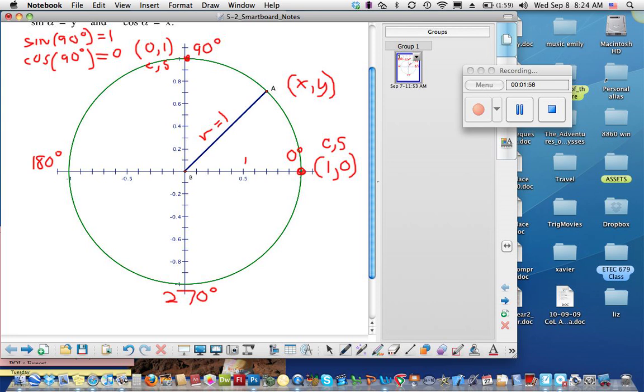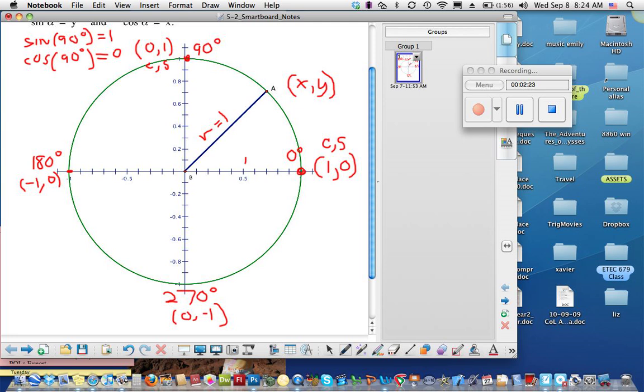Let's go to this point here, 180 degrees. So then we're looking at this point right here. And this point is negative 1, right? We always do x first, negative 1, and the y value is 0. And down here at 270, this one is 0, negative 1. Okay?